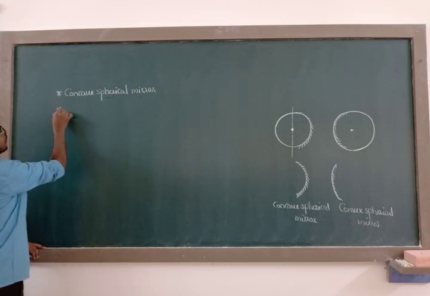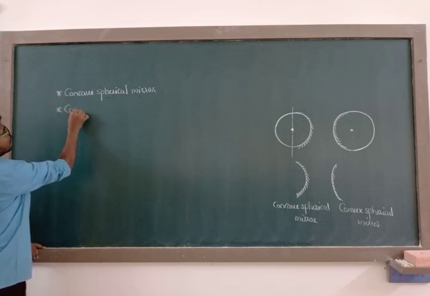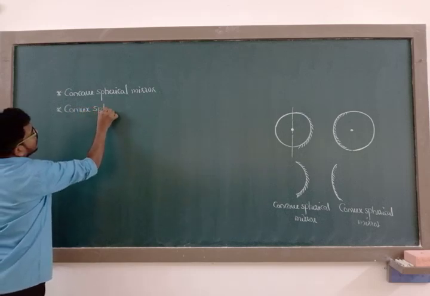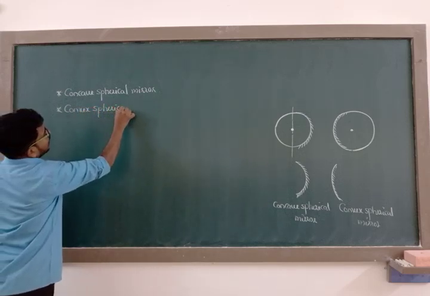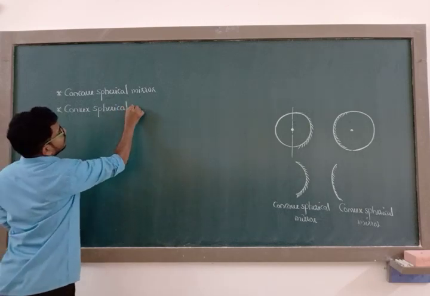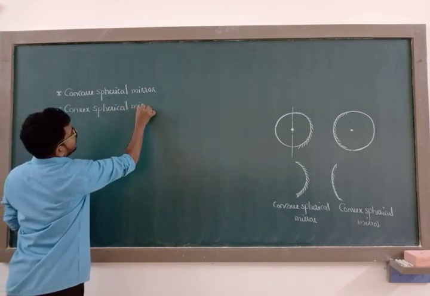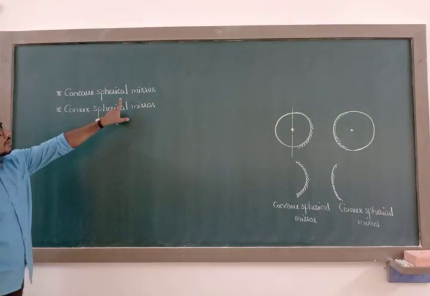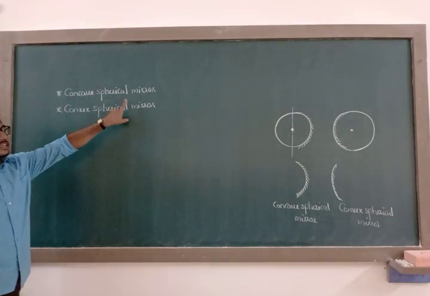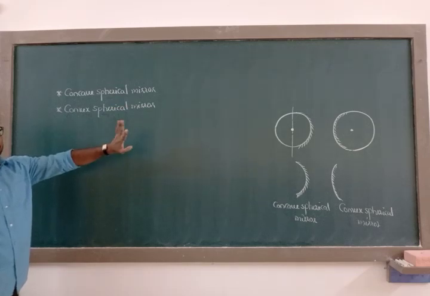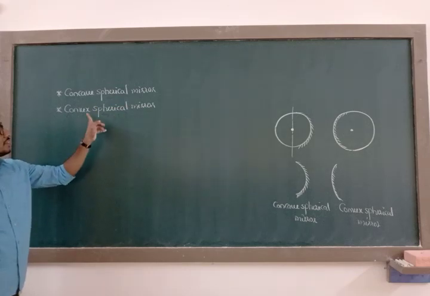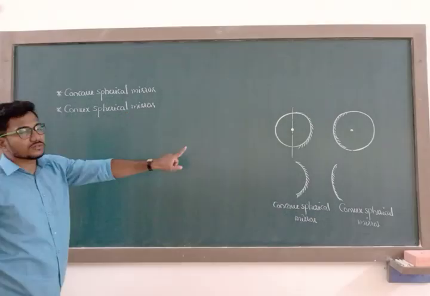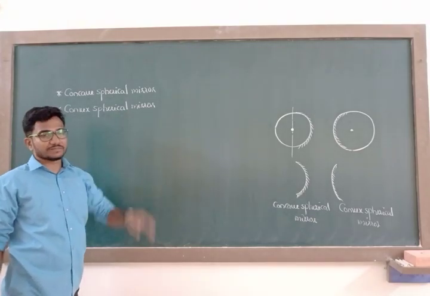Second one, convex spherical mirror. Here the reflecting surface is near to the center of the sphere. Here the reflecting surface is far from the center of the sphere.